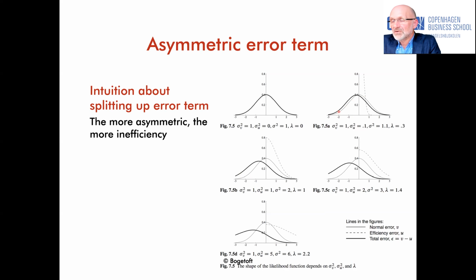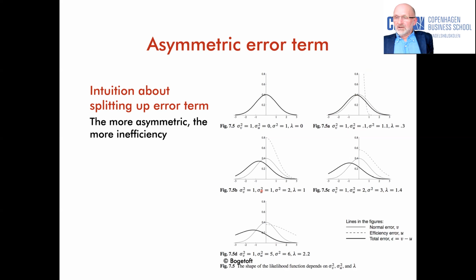Because the only thing you might observe is this one, an empirical observation from this one here, and now you have to see if you can split that up into a standard normal and some half normal. So it is not an easy task to do.